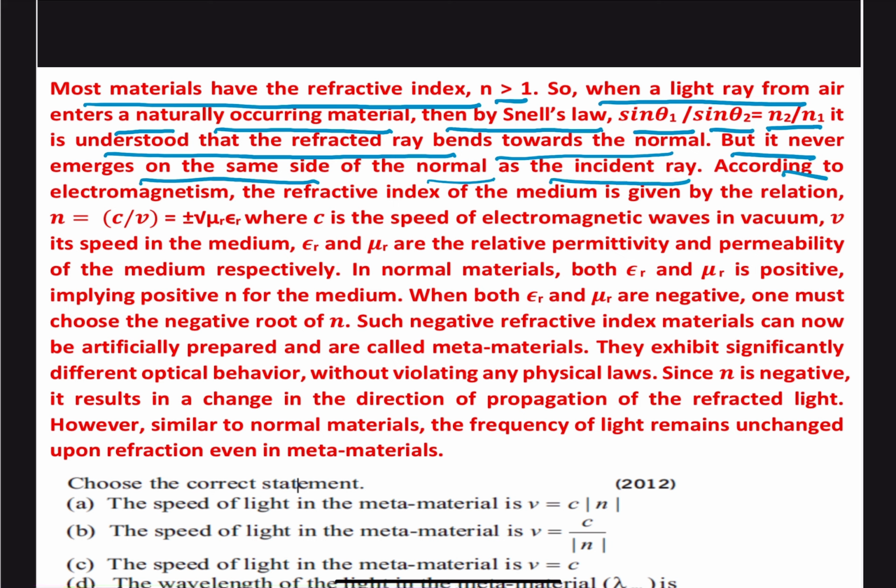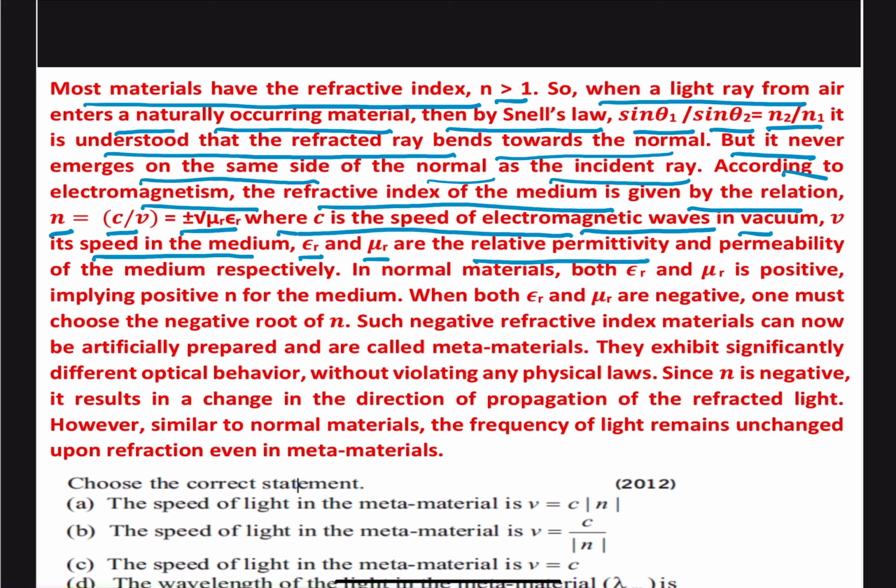According to electromagnetism, the refractive index of the medium is given by the relation n is equal to c upon v, which is equal to plus minus square root of mu r and epsilon r, where c is the speed of electromagnetic waves in vacuum, v is the speed in the medium, and epsilon r and mu r are the relative permittivity and permeability of the medium respectively.